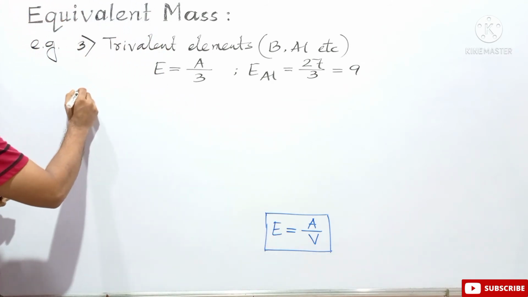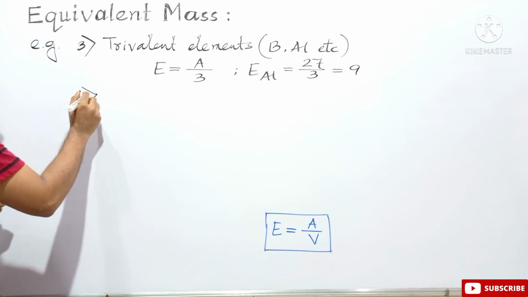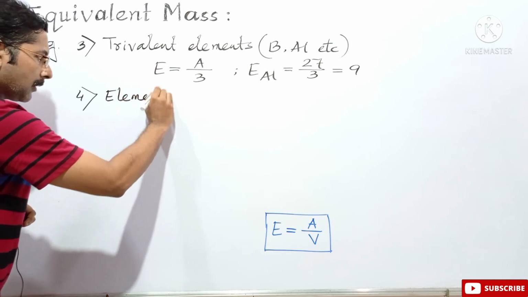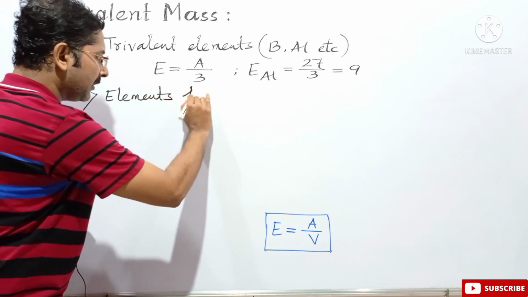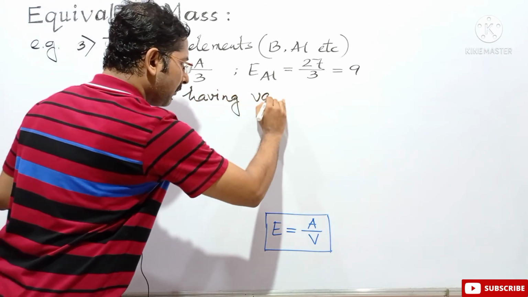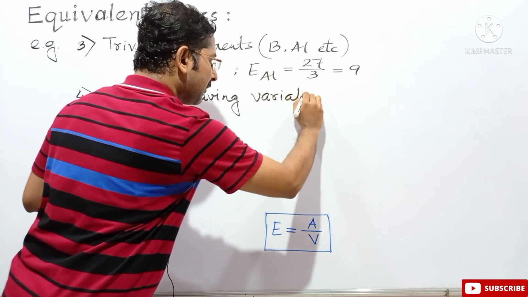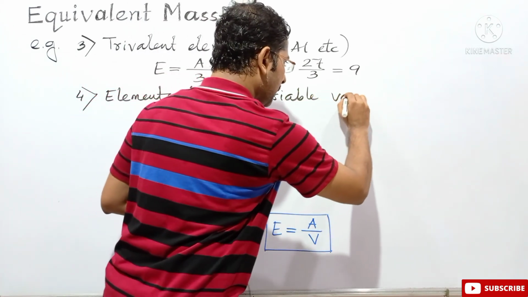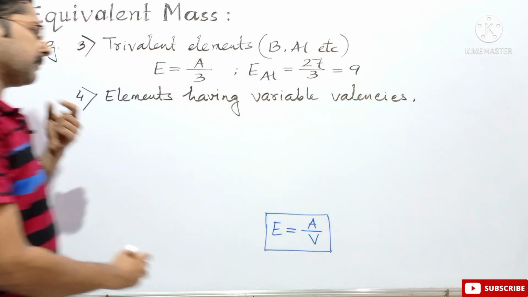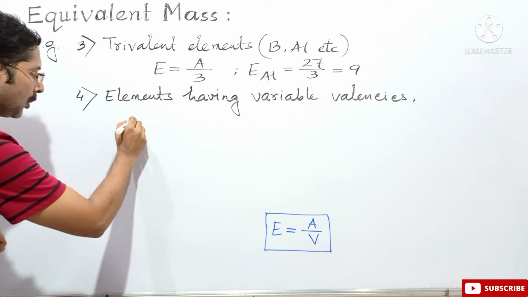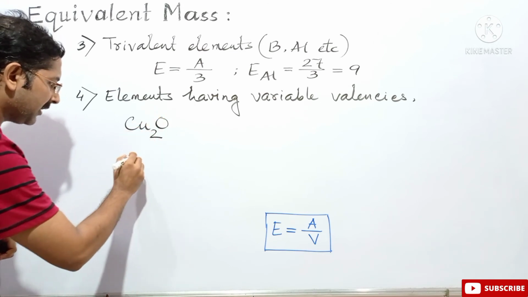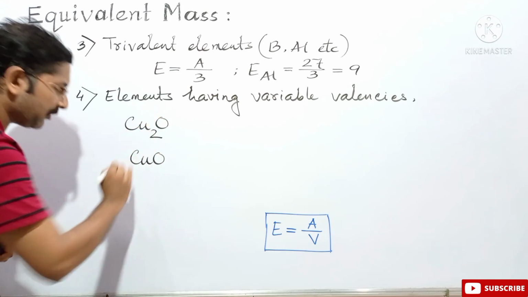For example, number 4, for elements having variable valency, say for example copper. It can produce cuprous oxide, it can form cupric oxide also.